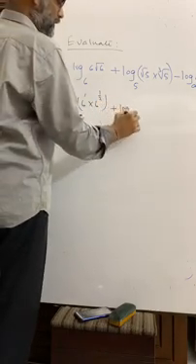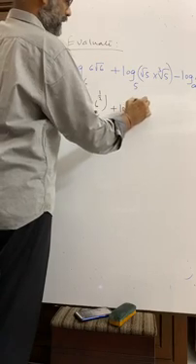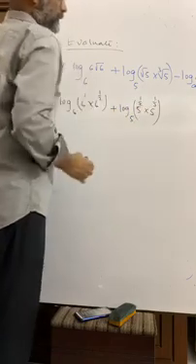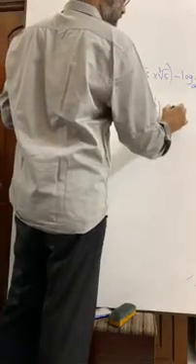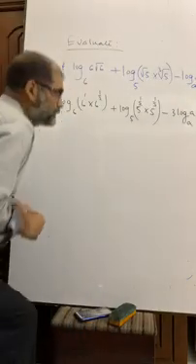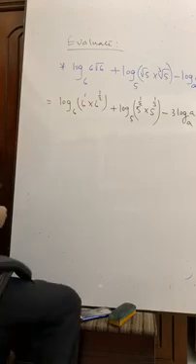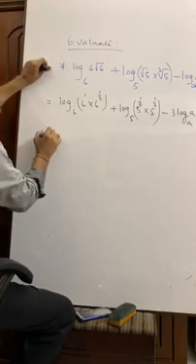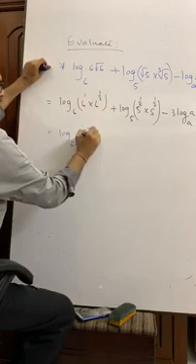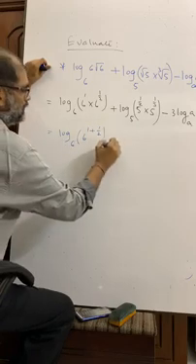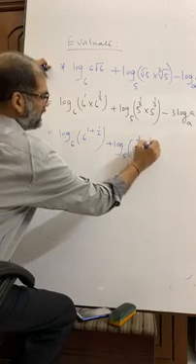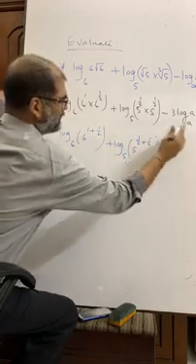Log base 5 to the power half, 5 to the power 1 by 3 minus 3, is equal to log of 6 to the power 1 plus half, base 5 to the power half plus 1 by 3, minus 3. This is 1.